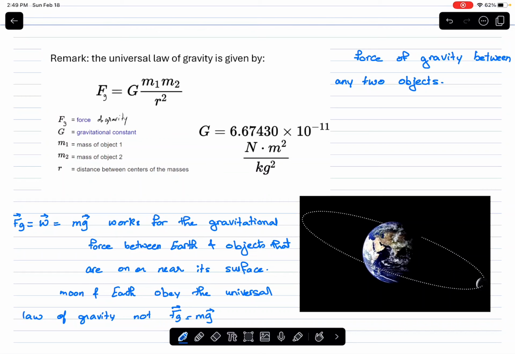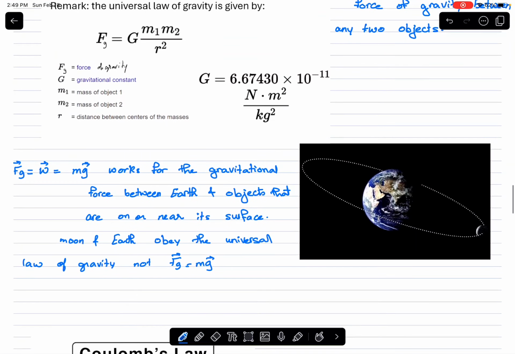And also the universal law of gravity can be used to study the gravitational force between other massive objects such as the Sun and Earth, or the Sun and Jupiter, or any two stars, or actually any two objects, whatever their mass is and whatever objects they are.